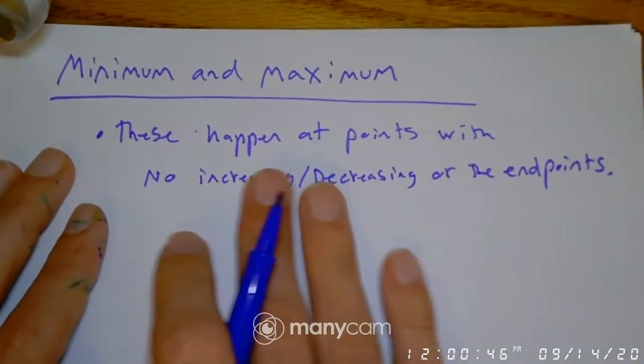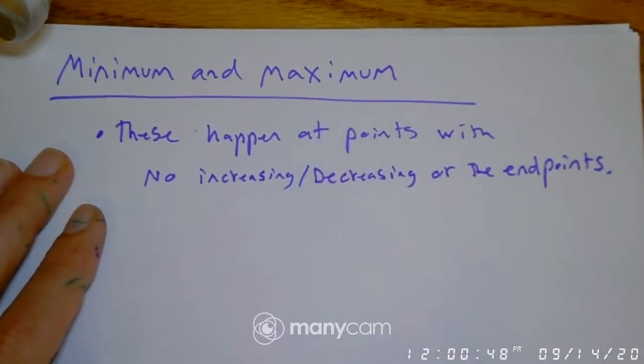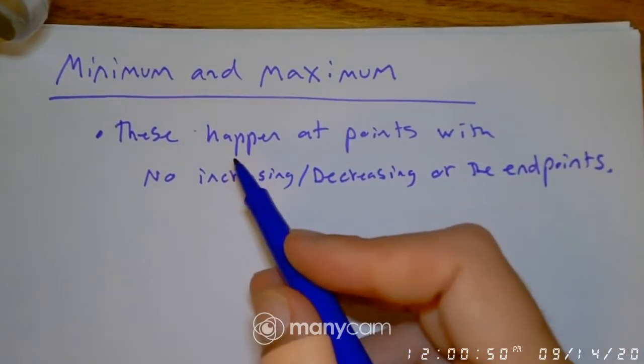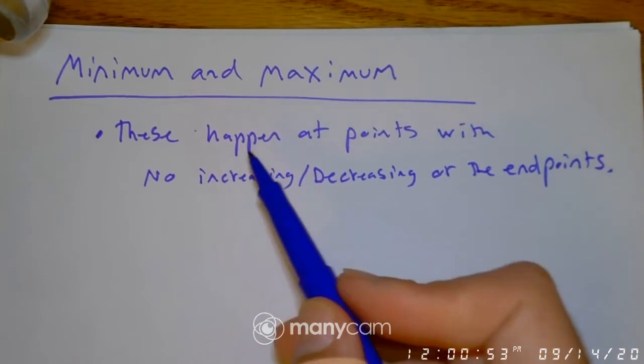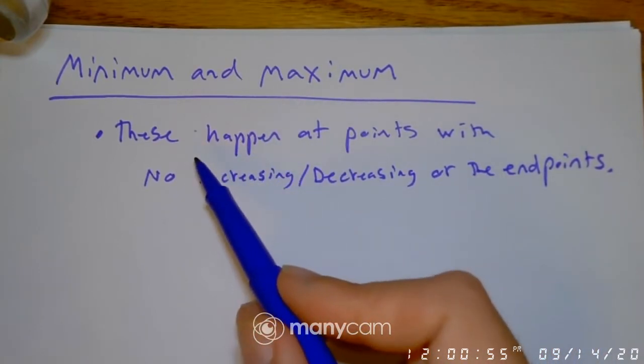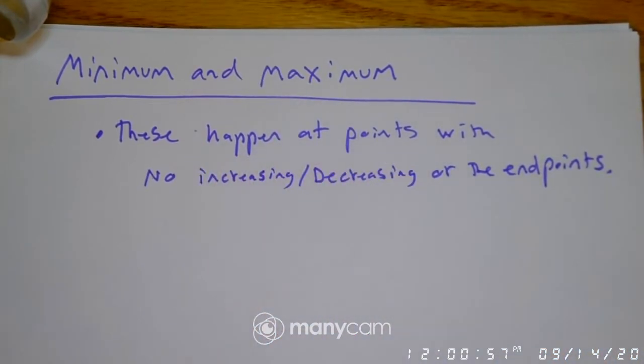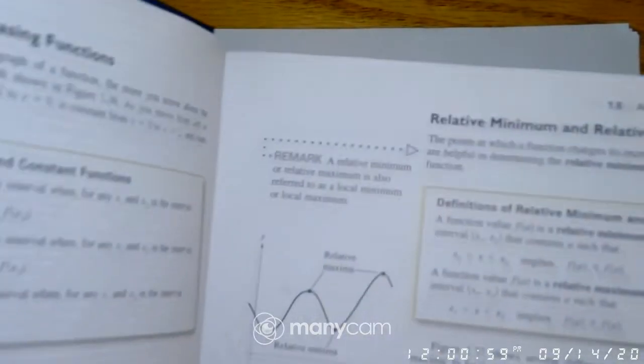Okay. Now, this definition right here is way more than you need for this class. But I need to do that for you because a lot of you are going to be going on and take calculus, and you need to know this. So max and mins happen when you're not increasing or decreasing, or at the endpoints.